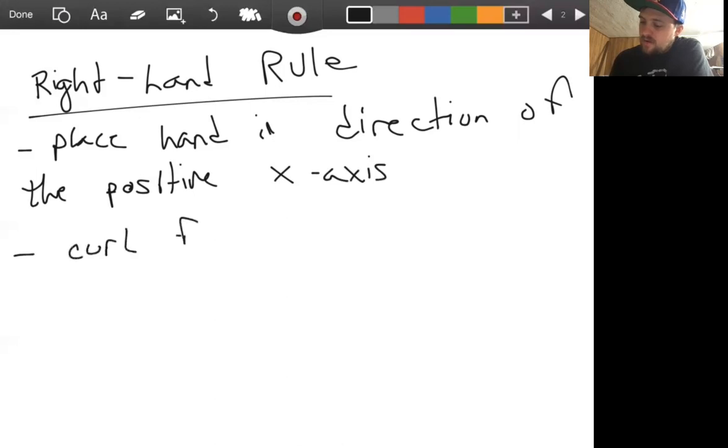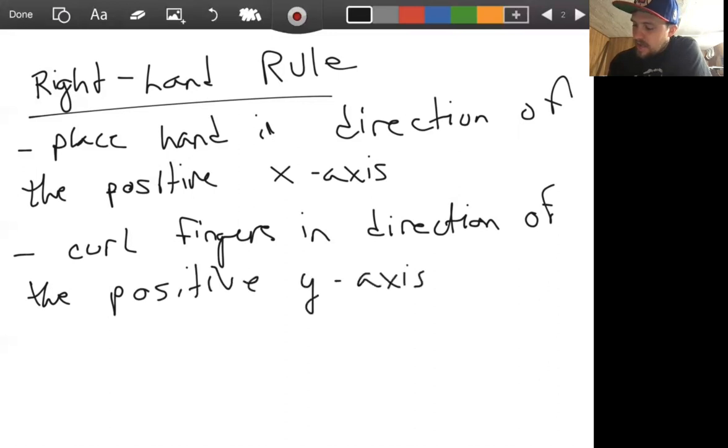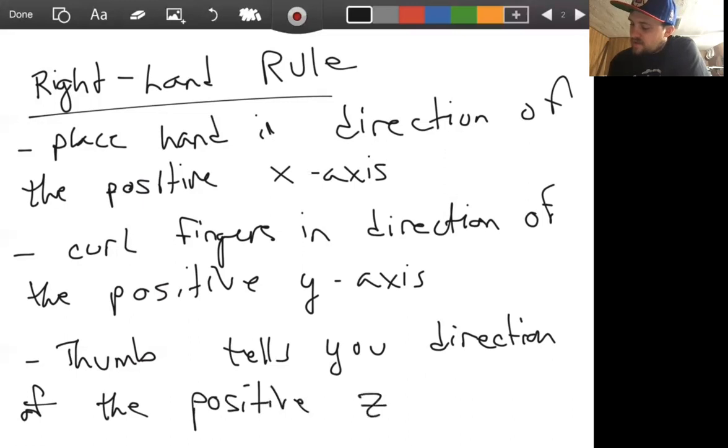Next step is to curl fingers in the direction of the positive y-axis. And then your thumb tells you the direction of the positive z-axis. So here's a recollection of the right-hand rule here.